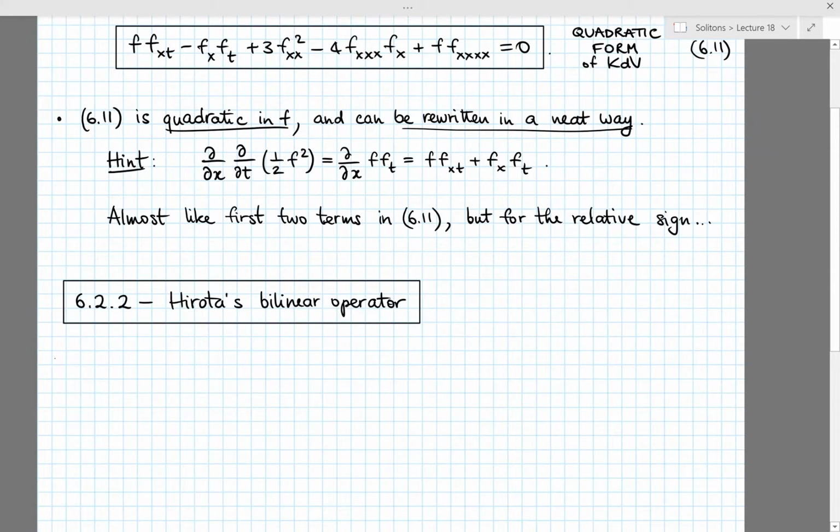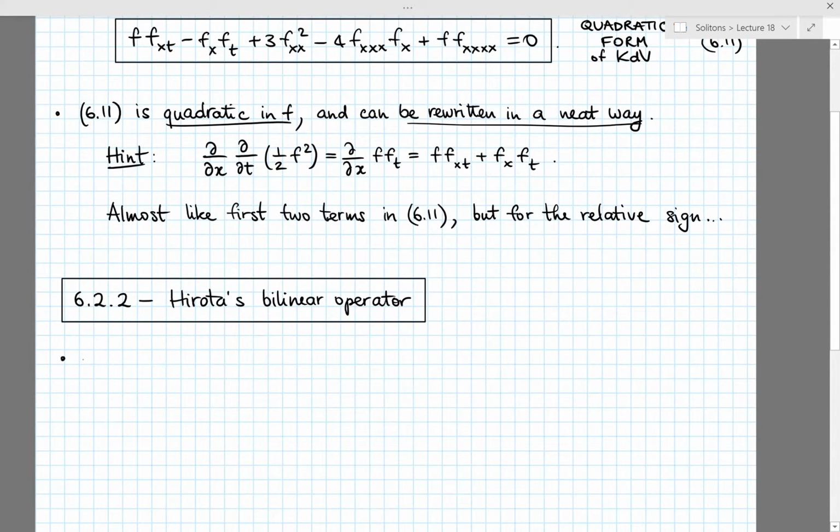So I'll define Hirota's bilinear operators in a second, but let me first tell you what they are. These are bilinear differential operators which I'll call D now. So we'll see there are many such differential operators.